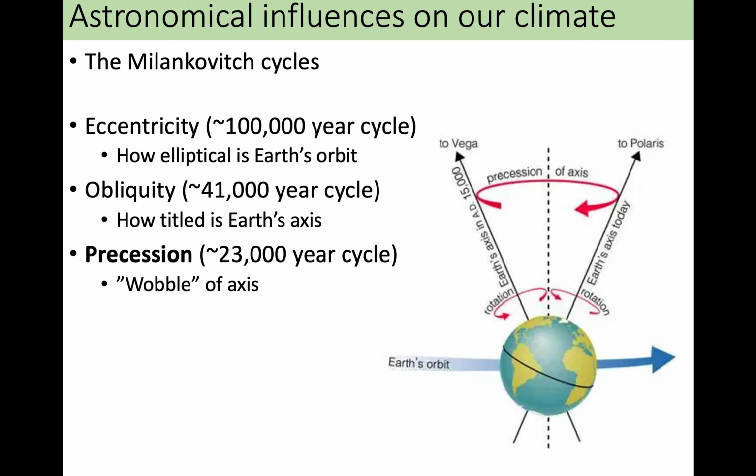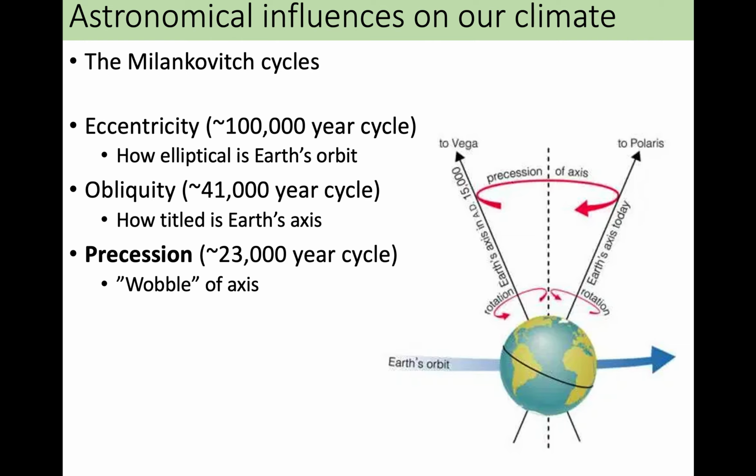The last of the Milankovitch cycles is called precession. This we've talked about. This is about a 23,000 year cycle. And this is the fact that our axis wobbles. Earth is not a perfect sphere, so it wobbles like a top would when you spin it. Currently, right now, our North Pole and our North Celestial Pole point almost directly to Polaris, our North Star.